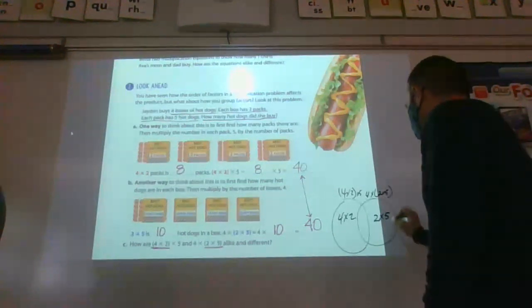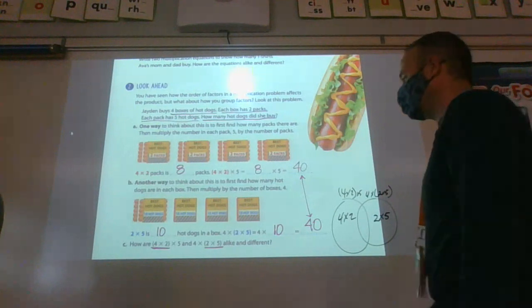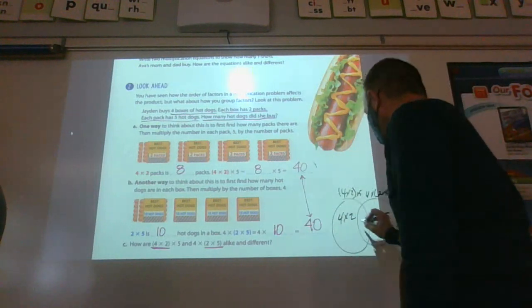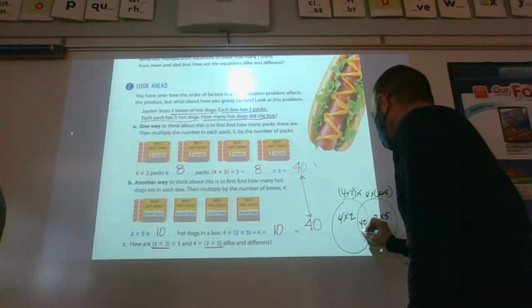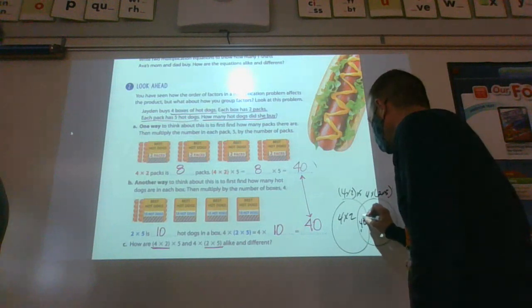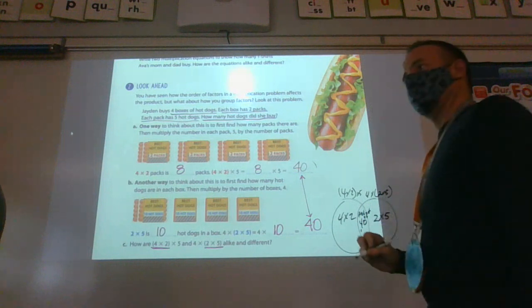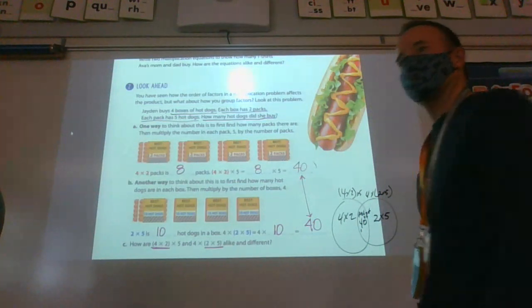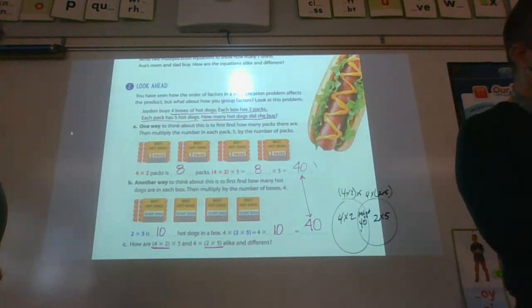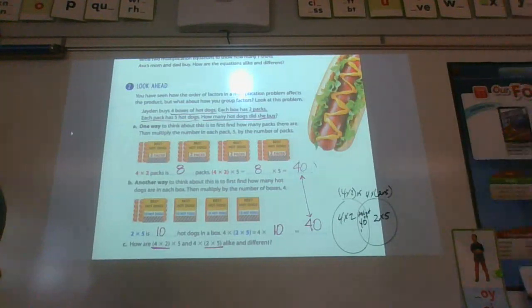Thank you, Miss Jetson. And you know how they're the same? They both got 40 for an answer, the product. Product of 40. I think Mr. Davis is right. The grouping changed, but the product stays the same. Right. Where the parentheses are.